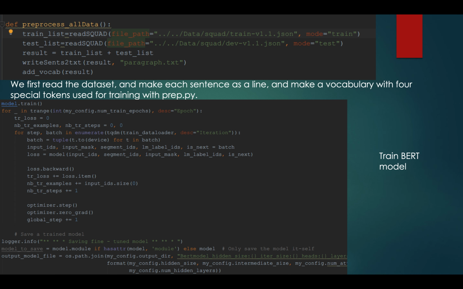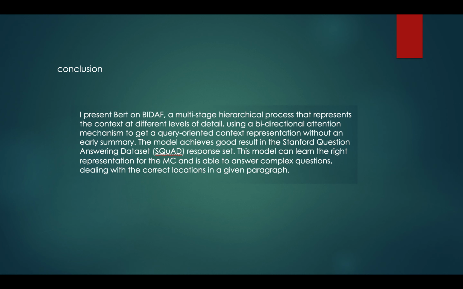I first read the dataset and then make each sentence a line and make a vocabulary with 4 special tokens used for training with the preprocessed data. You can see from the first picture, and the second picture is about how to train the BERT model. You can see it has the backward and optimizer step.